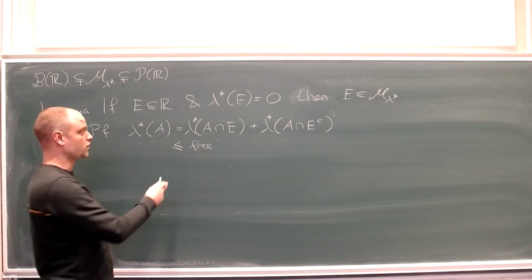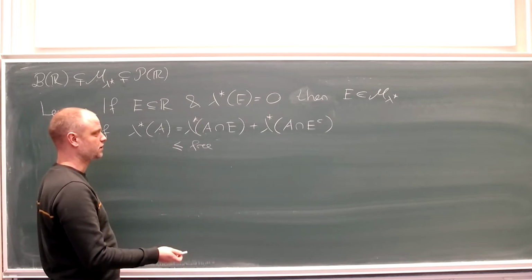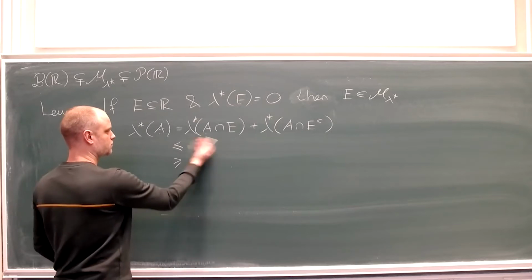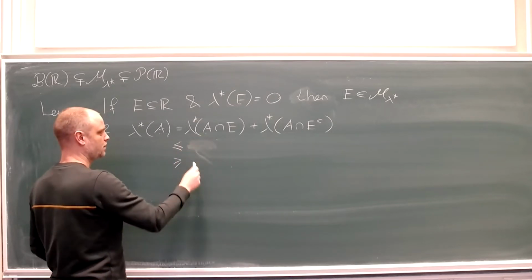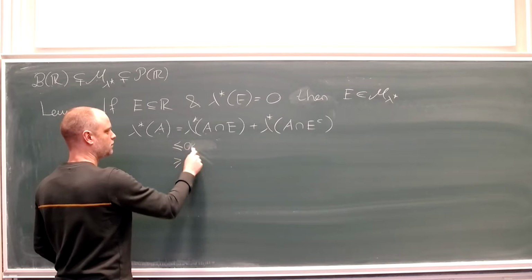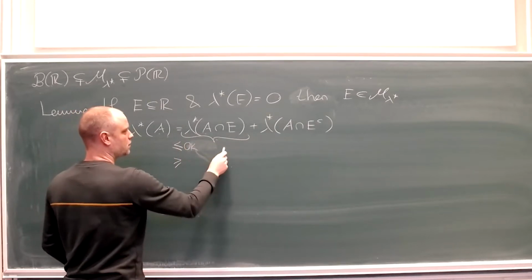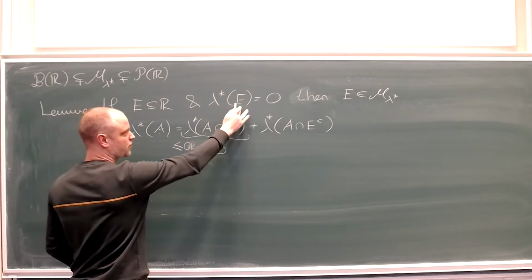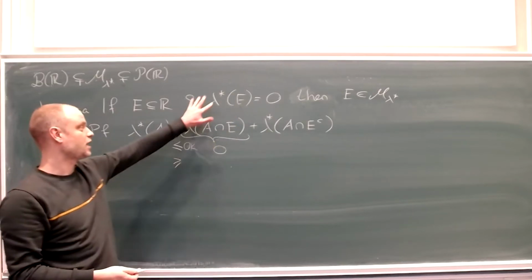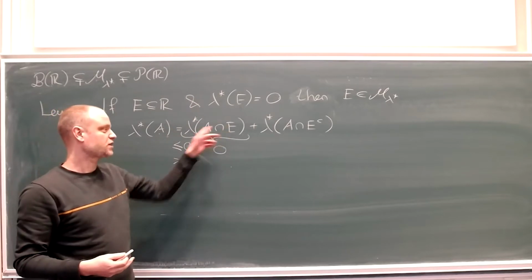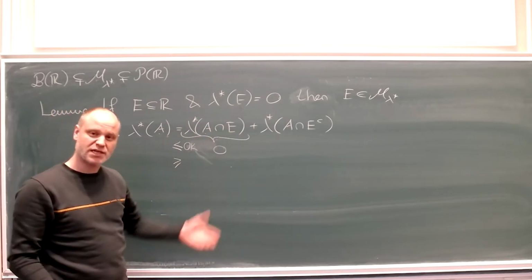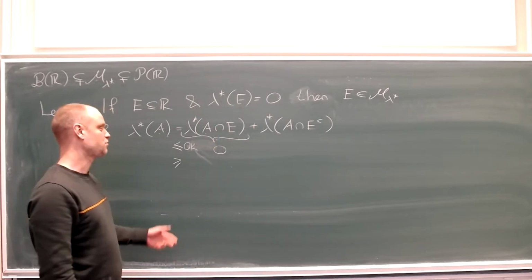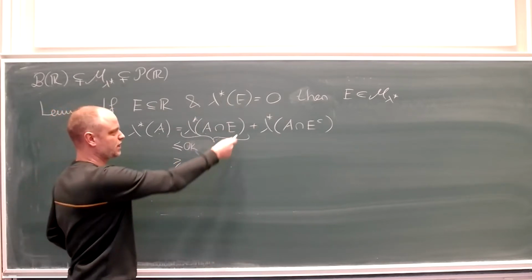The reverse inequality is also for free. Now, A intersected with E is a subset of E, right? If E has measure 0, then this being an outer measure, if I take a subset, I get something smaller. Smaller than 0 is 0, because we don't allow negative numbers. So this is equal to 0.